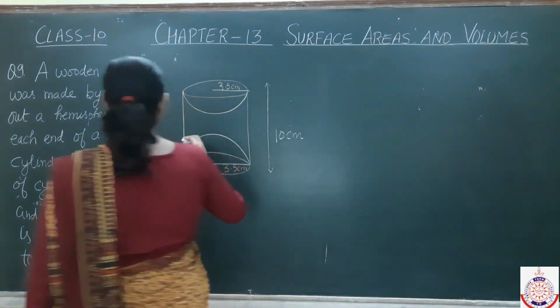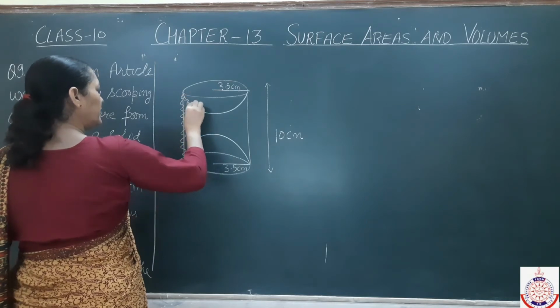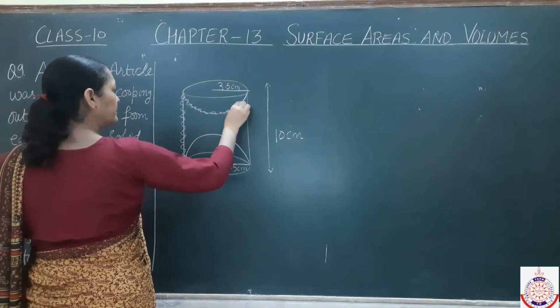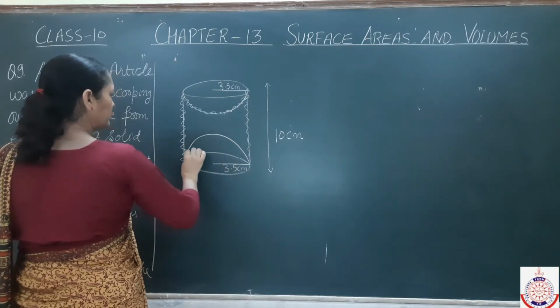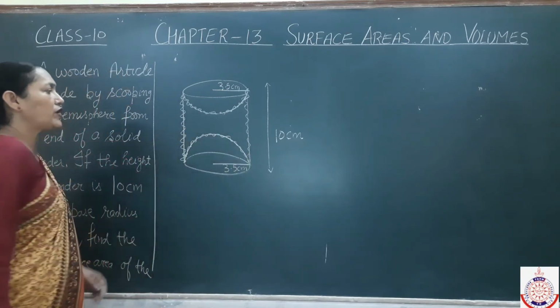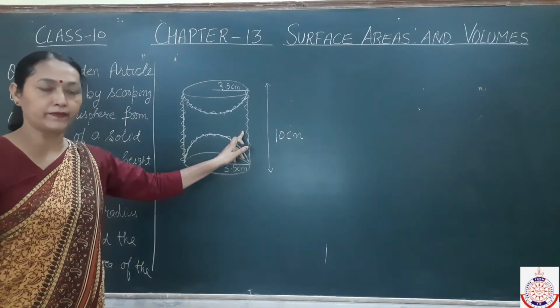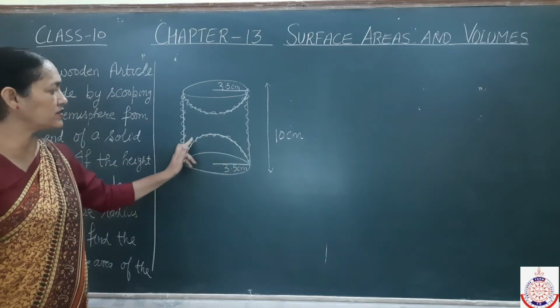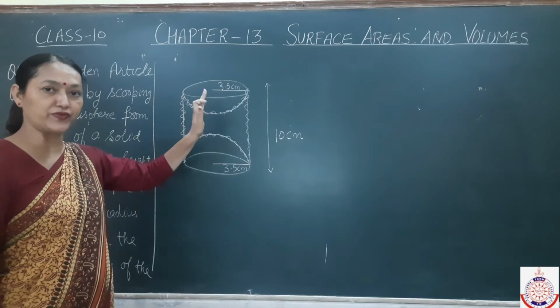So we have to calculate the CSA of cylinder, the CSA of hemisphere and the CSA of hemisphere.